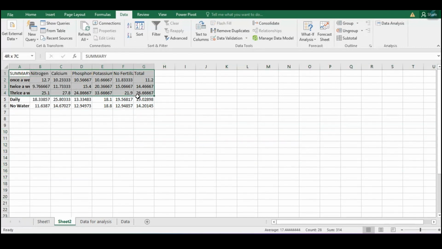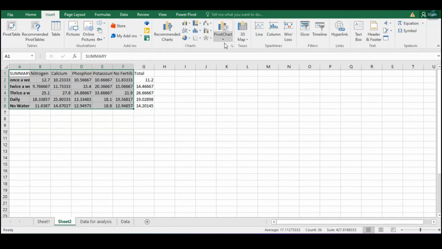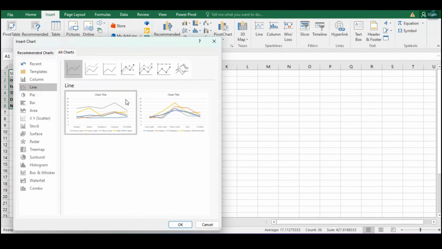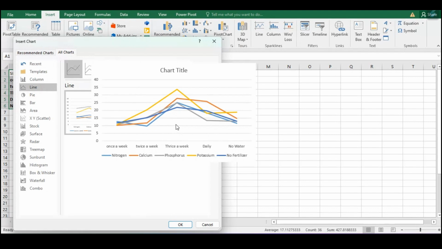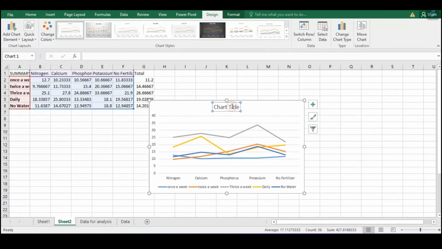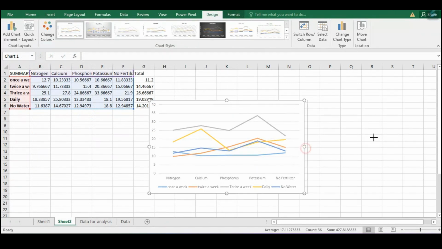So if I have the mean values for the interaction and I decide to plot these, go to insert. Then I'll be using the line, which tends to show us the best. So if I take this plot here, now just look at it.